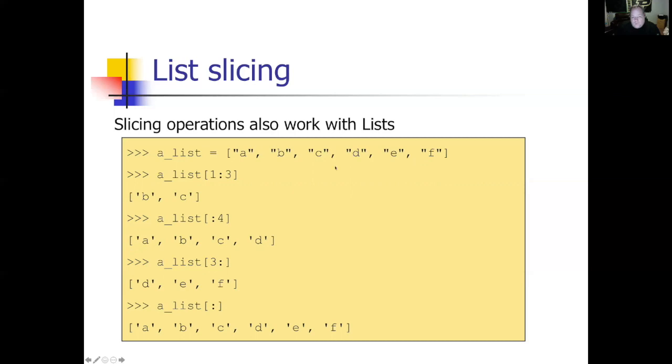Or from index 3 to the end, well, index 0, 1, 2, this is index 3, so 3 to the end is D, E, and F. You'll notice that I put them in here with double quotes, but they're coming out with single quotes. Doesn't matter. Single quote, double quote just means string. Or A list colon. I don't specify a beginning and I don't specify an end. That means from the beginning to the end. This is basically just a copy of the list, and you get the whole list as a copy.